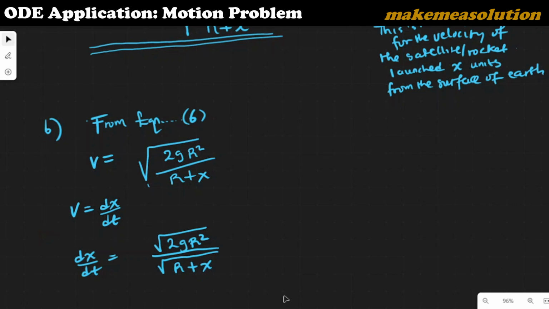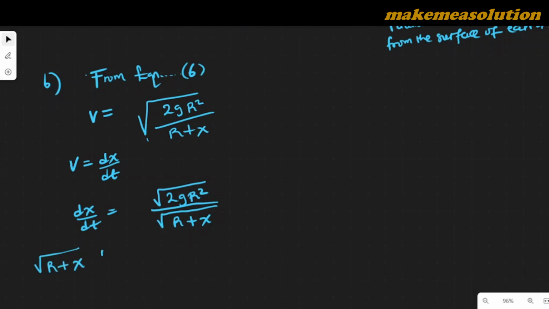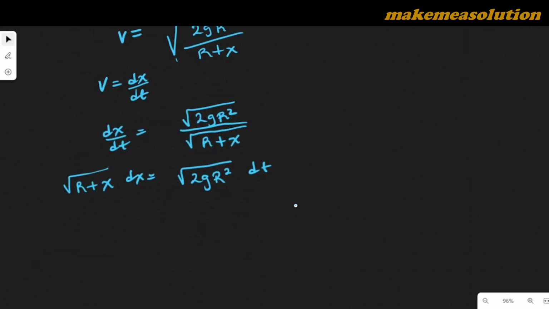So if we separate the variables, you're going to get root r plus x on this side, dx, is equal to root 2gr squared, dt. Okay, so we're going to take the antiderivative of both sides.